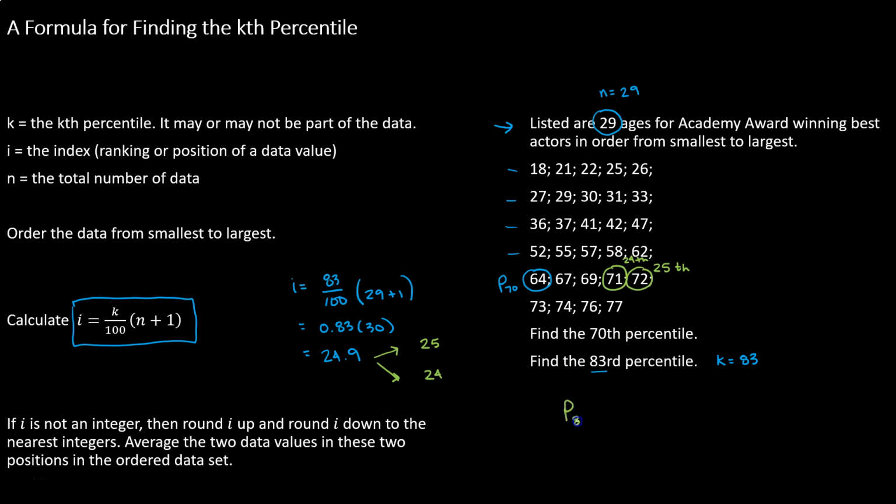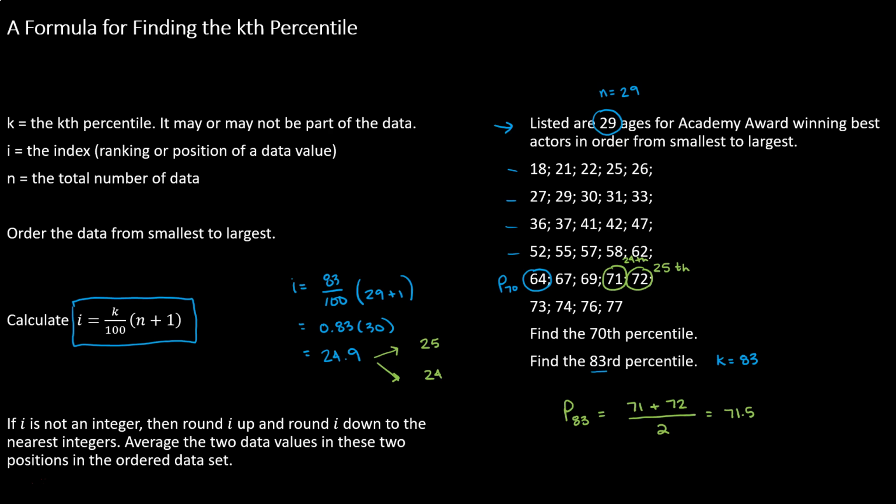So P83 is the average of the 24th and the 25th data values. So we add 71 and 72, cut it in half, we get 71.5. There we go. The 83rd percentile is 71.5.